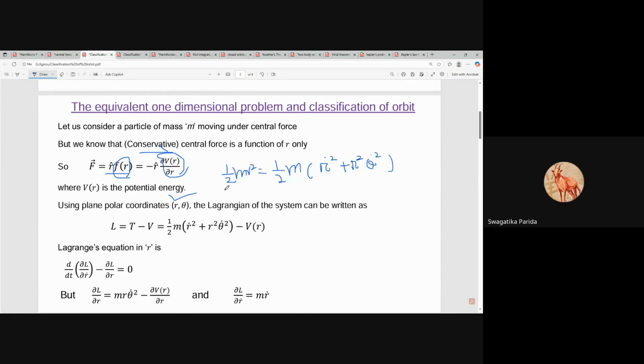It's two dimensional, so kinetic energy is half m (vx square plus vy square), isn't it? We know x is equal to r cos theta, y is equal to r sin theta. Taking the time derivatives dx by dt, dy by dt, and adding these, we get half m (r dot square plus r square theta dot square).